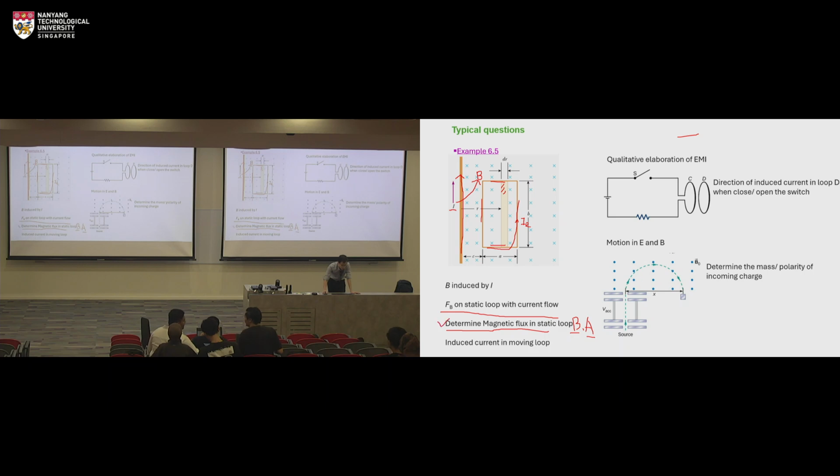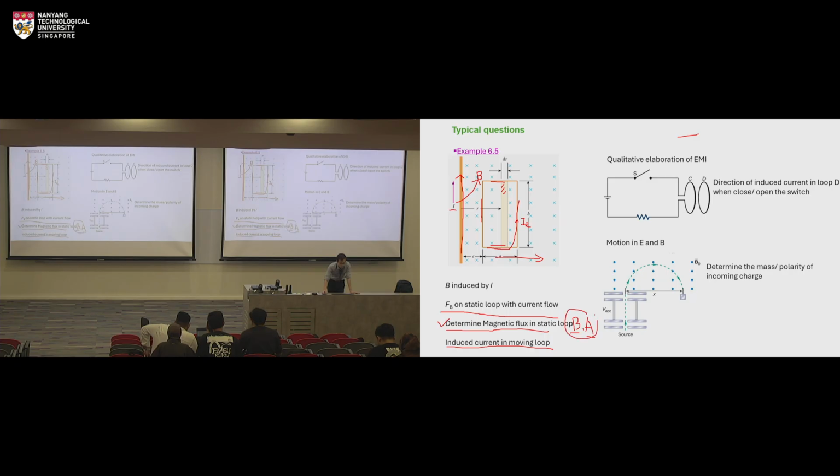And for this part, this is exactly the part, I think, at the end of the last lecture. And we can move one more step, ask you to determine the induced current. Let's say we can make this loop move along this direction.